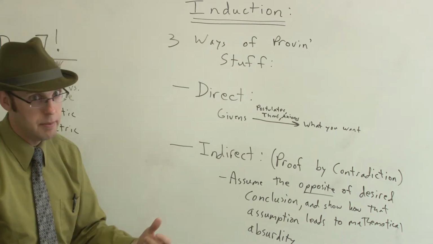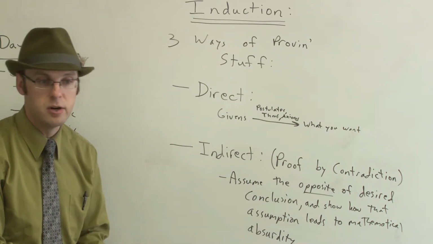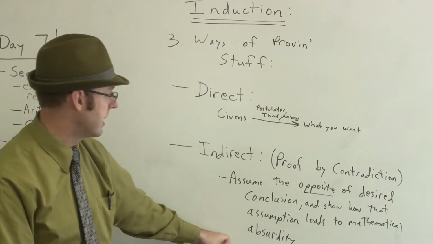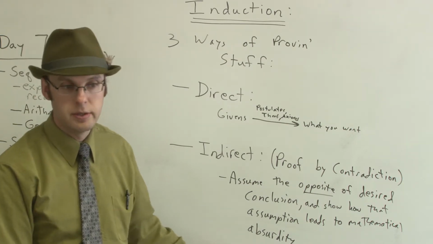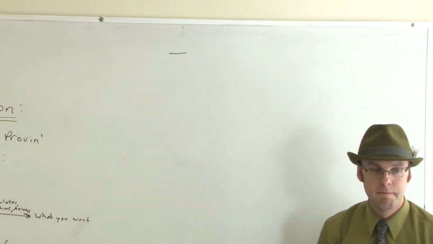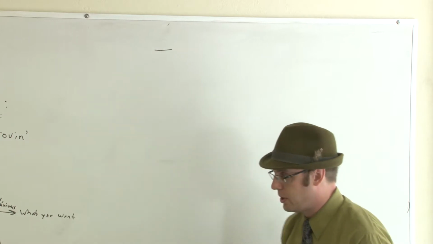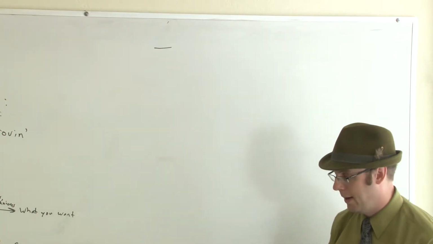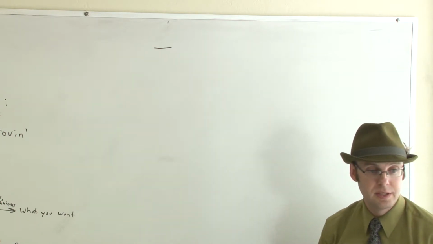And so then you said, well, I guess my assumption that it was odd is wrong, so it must be even after all, and therefore I have proven by contradiction my original intended statement. It's a beautiful way of proving things. I would recommend that when you're doing your leisure math tonight, look into some indirect proofs.